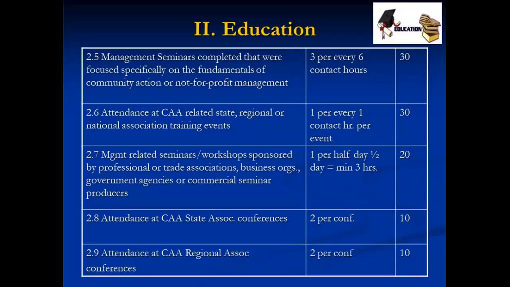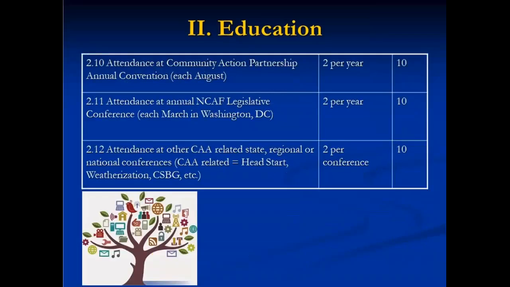So your networking at your state association conferences counts in 2.8. At regional conferences, at 2.9. And then you'll see at 2.10 for the Community Action Annual Conference, and you'll see at 2.11 for NCAF.